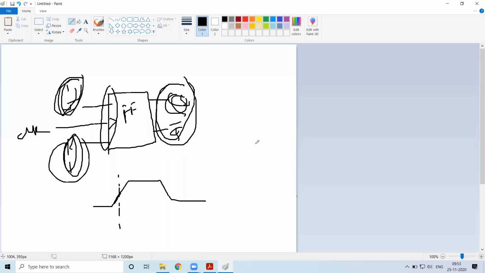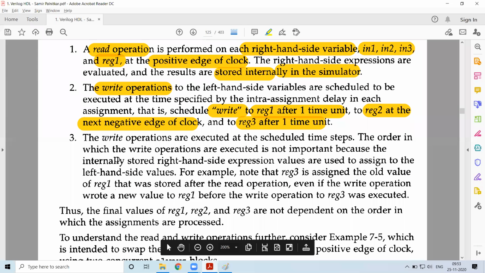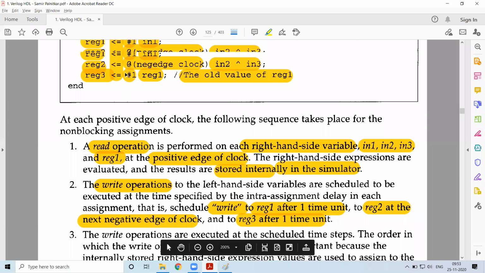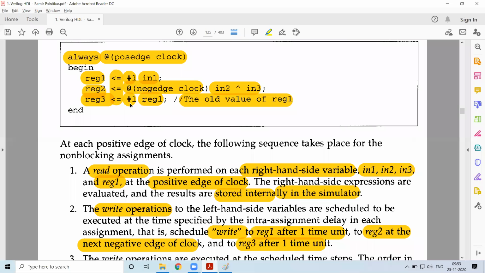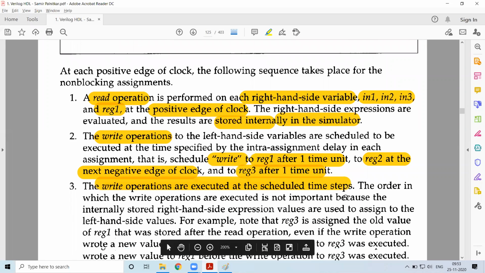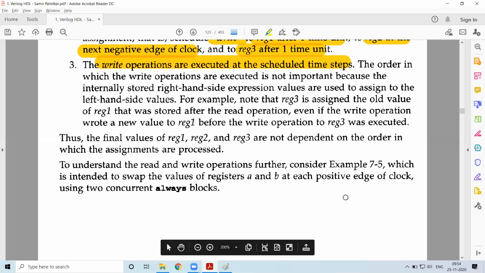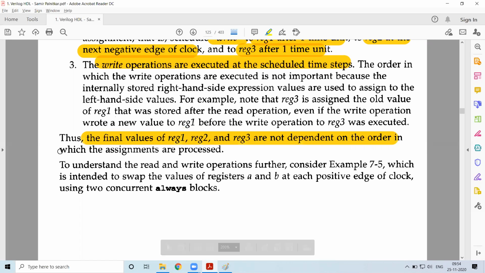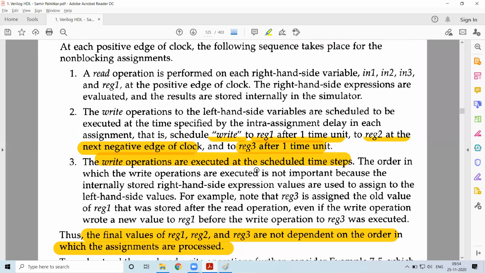And here we can see that since we are specifying the time delays, it will be executing based on these time delays. That is what they specify in this. Here the final values of these registers are actually not dependent on the order in which they have been executed or assigned.